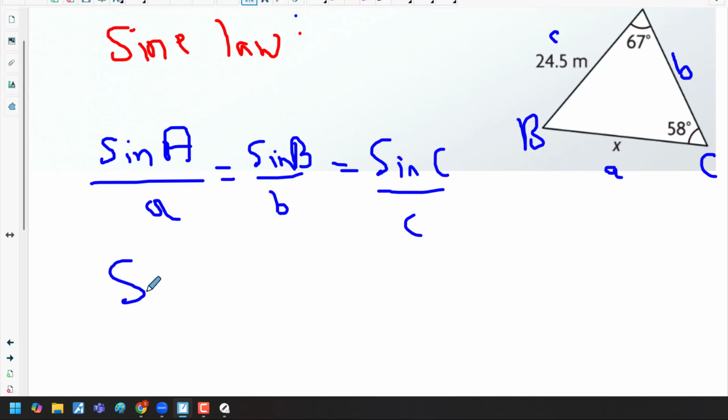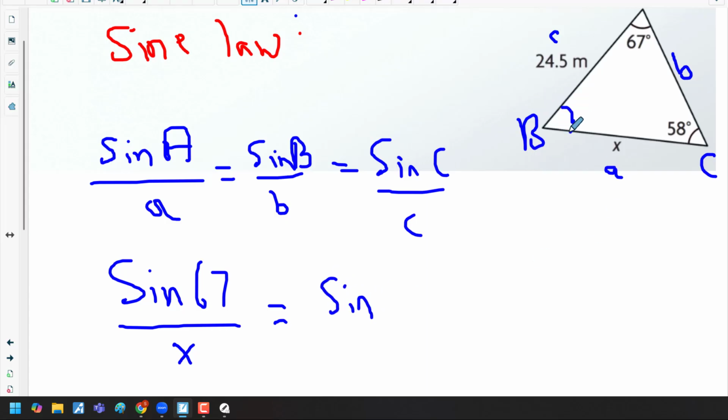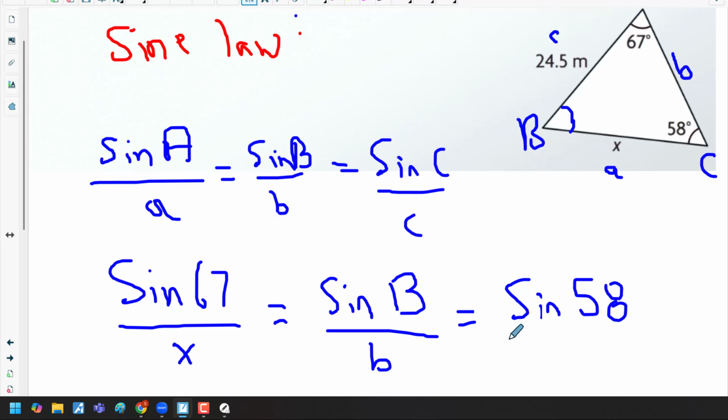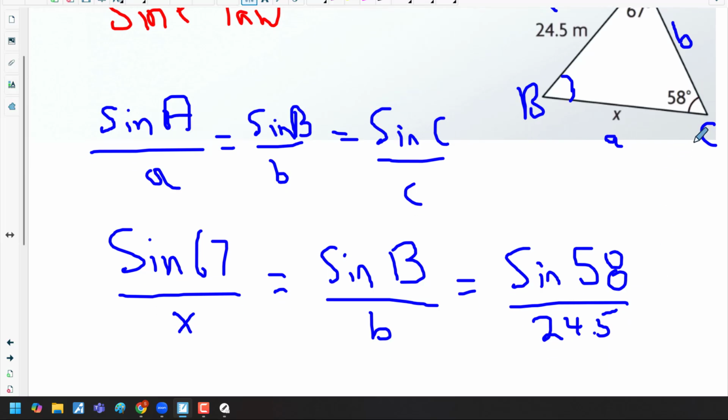So let's do this again. So we have sine 67 over x. Sine, oh, we don't know this, so keep it capital B, I guess. And we don't know B either. And then sine 58 over 24.5.